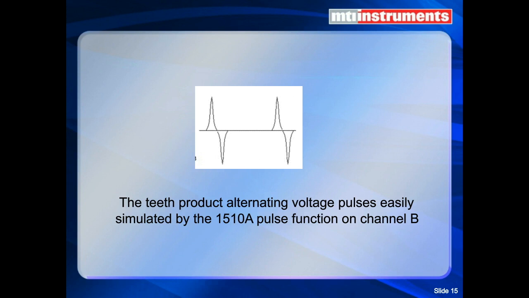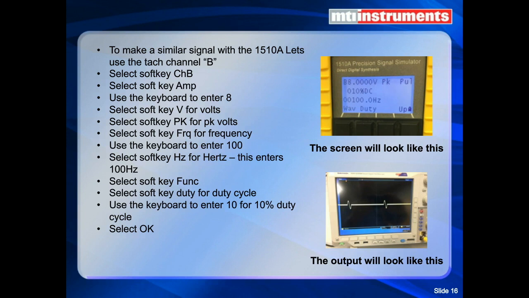The signal generator, the 1510, has 2 channels on it, and the B channel is actually optimized for producing tachometer type signals, although we could also use the A channel. So the example that we're showing here, a step-by-step setup of the 1510A on channel B, we're going to set up a pulse that's about a 10% duty cycle at 100 hertz, which would be the equivalent of 6,000 RPM.